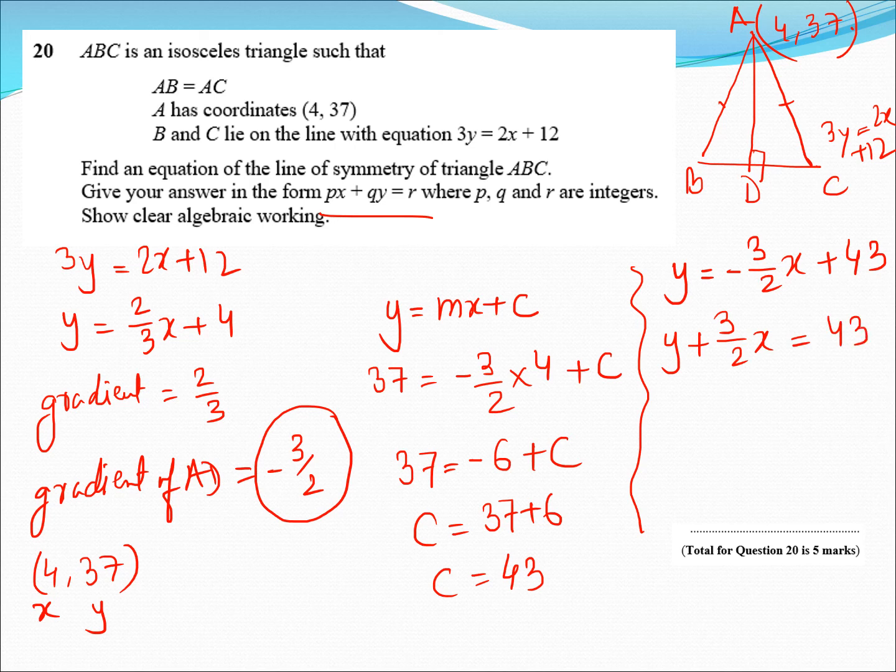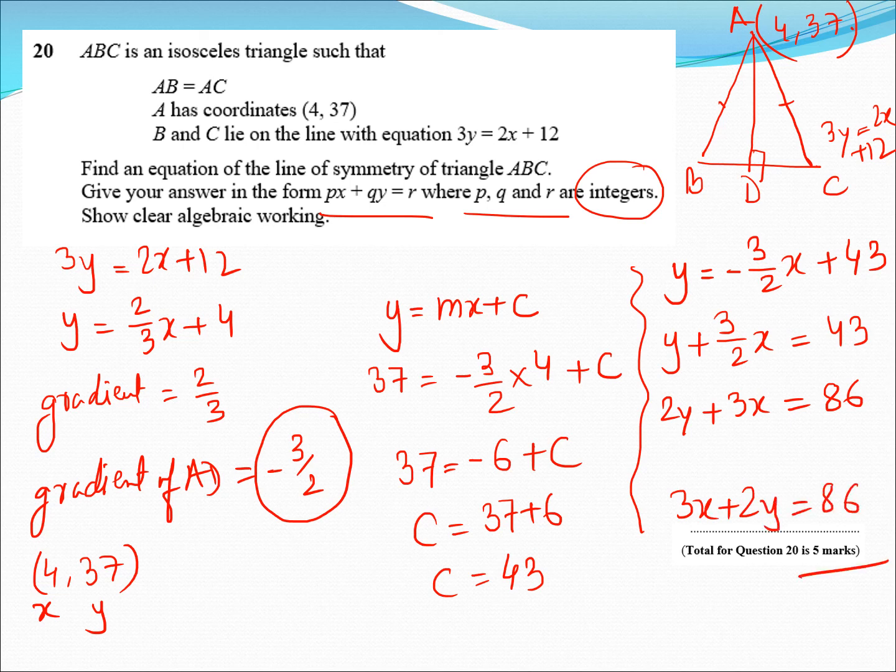Where p, q and r are integers, in other words they are whole numbers, so I multiply both sides by 2. So I will get 2y plus 3x is equal to 86. Rearrange, 3x plus 2y equals 86, and that is the solution to this question.